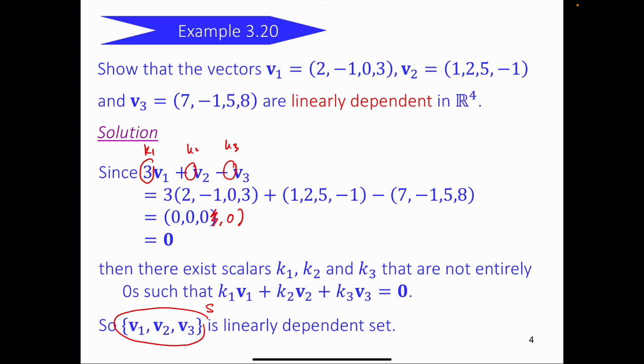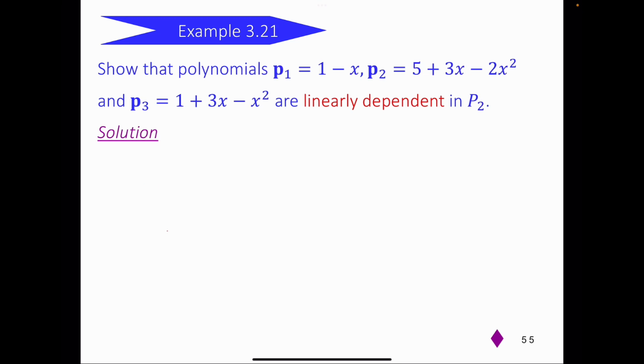Then we move to the next example. The same example as the previous one, but in this example, we are considering the vector space P2. Recall that P2 is the collection of all polynomials of degree 2.